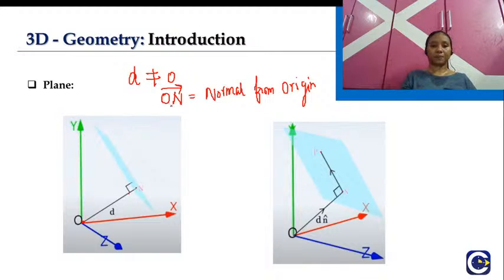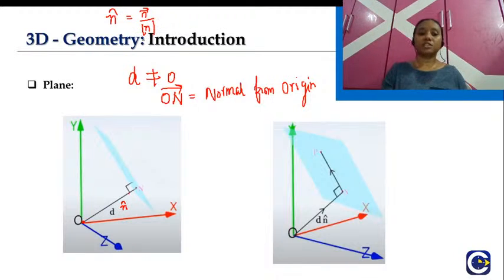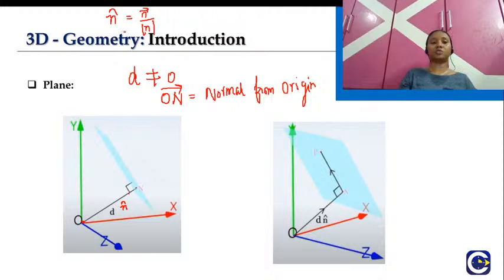from the origin. Right. So now let's consider a unit vector. Along this ON bar, I am considering a unit vector N bar. So what is our unit vector? A unit vector is nothing but N bar by mod N. If I have the vector N bar, I can write my unit vector as N bar by mod N. Unit in the sense that the value will always be one.